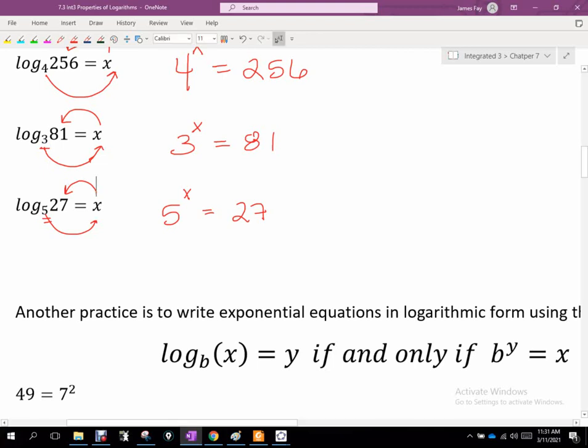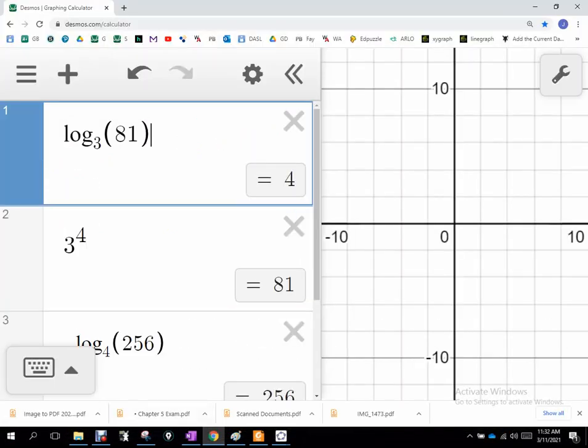So let's see what Desmos gives us. So I'm going to go log base 5 of 27. So we said if we went with this being 25, we would have gotten 2 on the dot, right? Okay. But 27 is that.